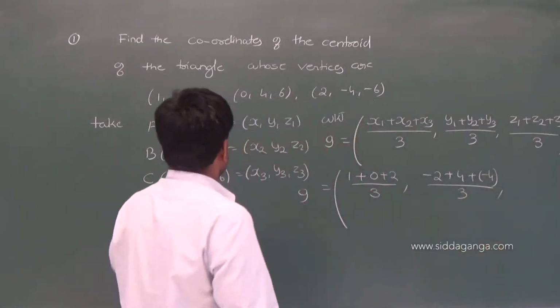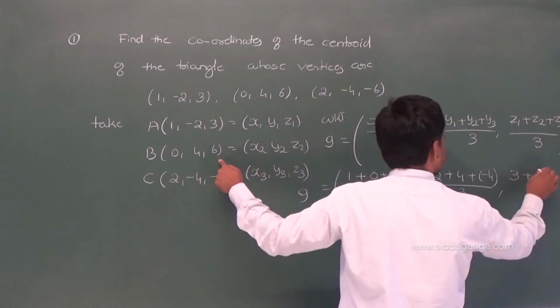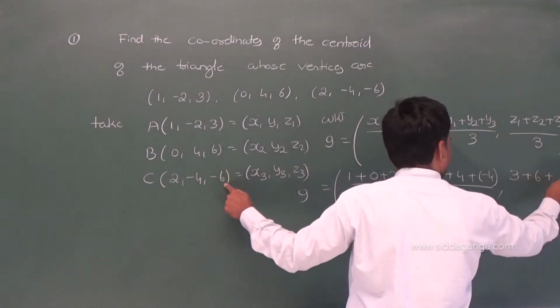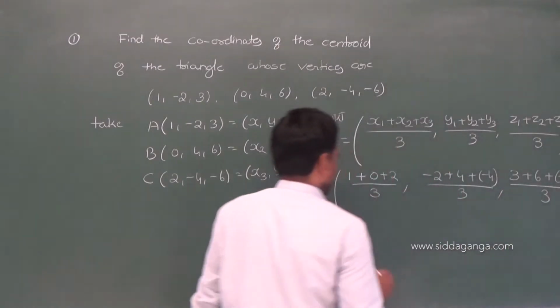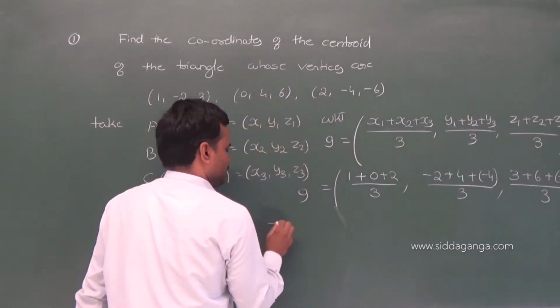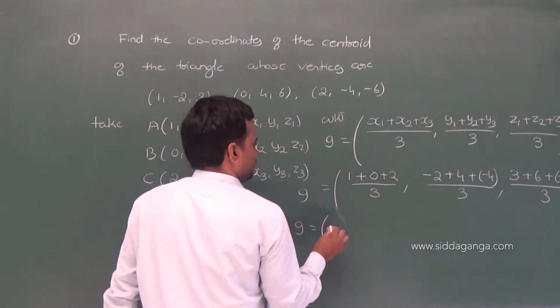The y coordinate is over. Z coordinate: 3 plus 6 plus minus 6 divided by 3. Solve it. G is equal to 1 plus 2, which is 3, by 3.